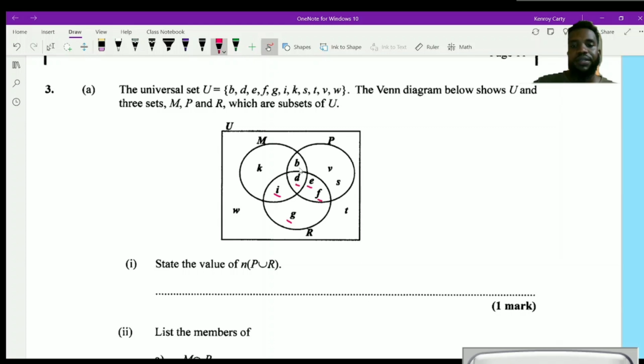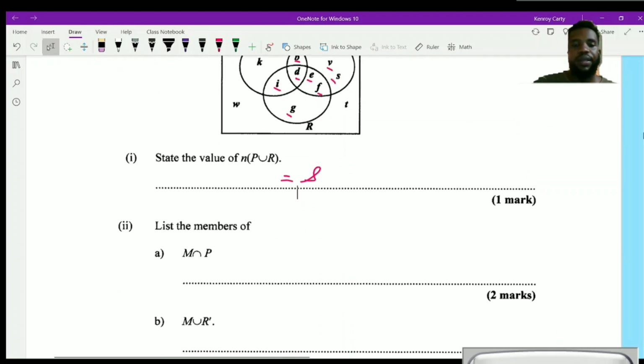And then of course you're looking at P. So these are all the elements in P combined with R. So in all, N means the number of. In all, you have 1, 2, 3, 4, 5, 6, 7, 8. So this is simply equal to 8. Now notice they're not asking you to list the actual members. They're asking you how many elements do you see in P or R.